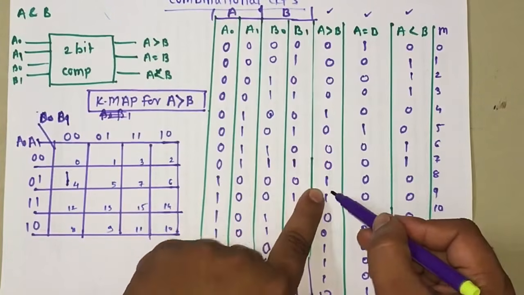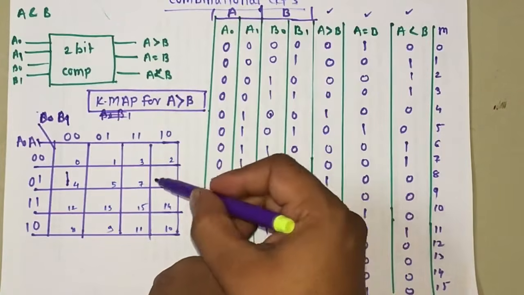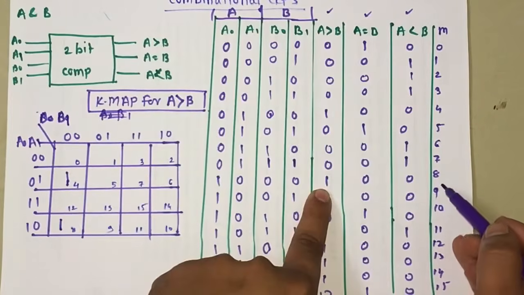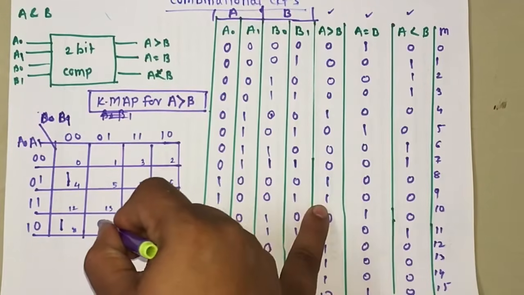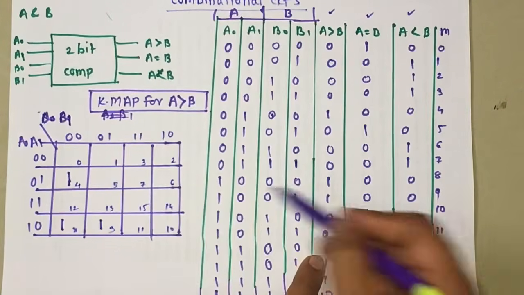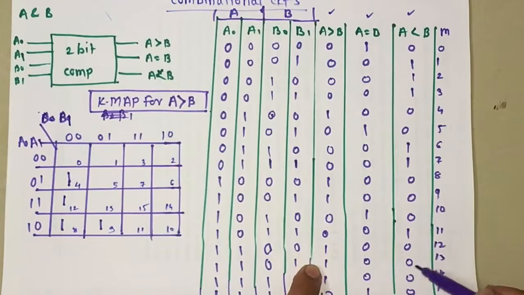Next one, M8. Where is M8? At this location. M8 is equal to 1. M9 is also 1. Then M12, so this is also 1.